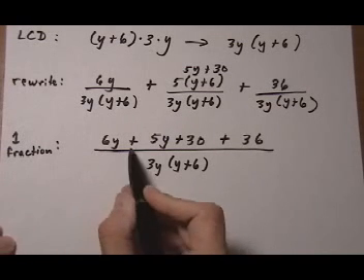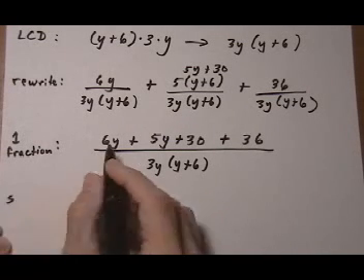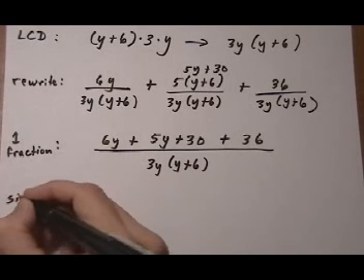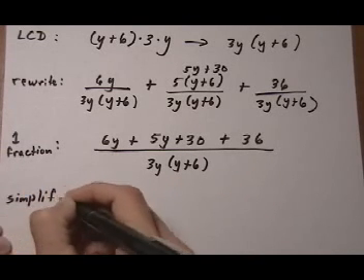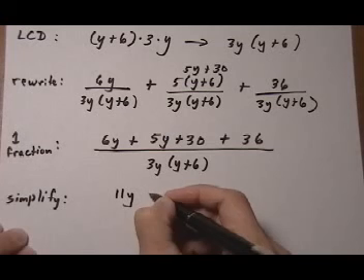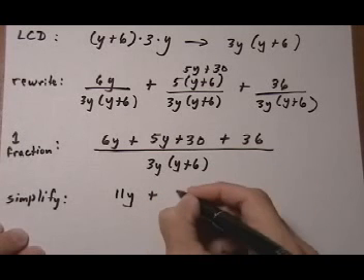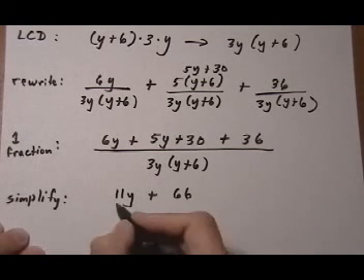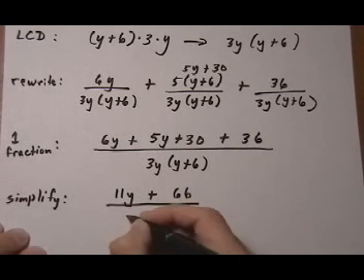Now we want to simplify, which means, in this case, collect like terms in the numerator. So we do 6y and 5y is 11y, plus 30 and 36 will be 66, all over the same denominator.